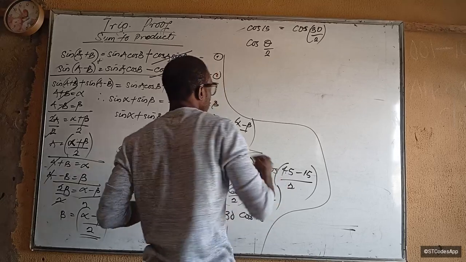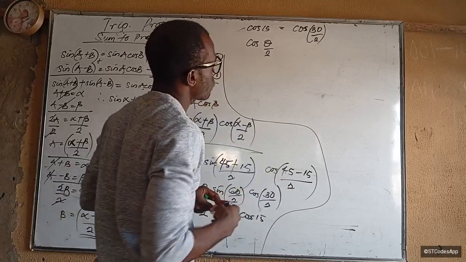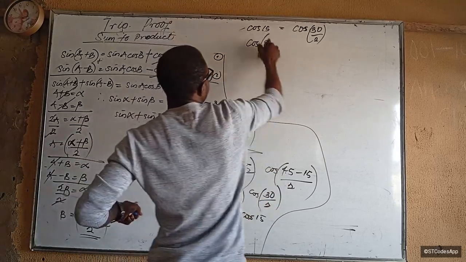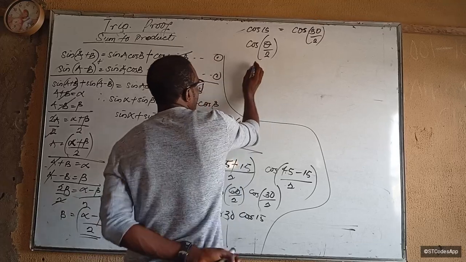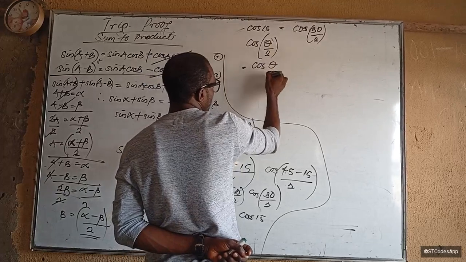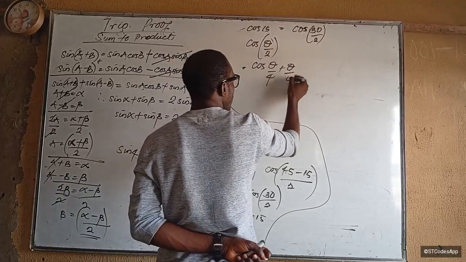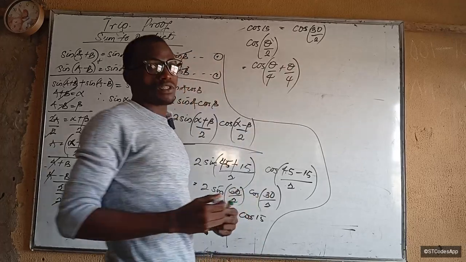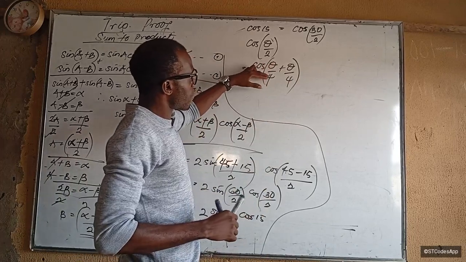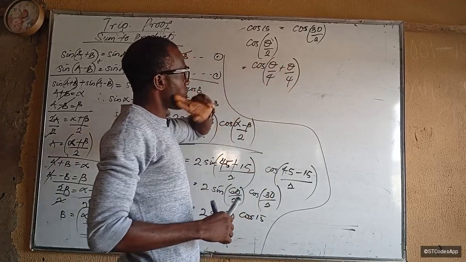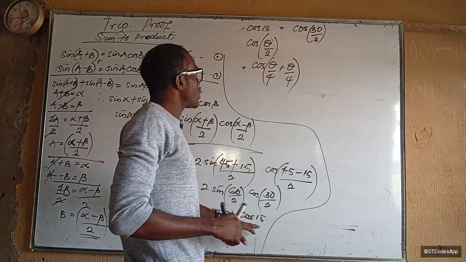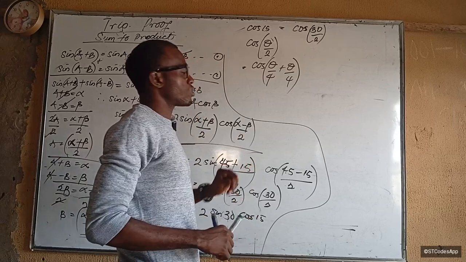Is that clear? If that is the case, then this can be written as cosine of the angle over 4 plus another angle over 4, theta over 4 plus theta over 4. 15 will be 30 over 2.